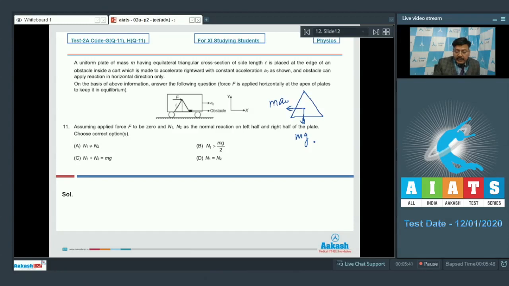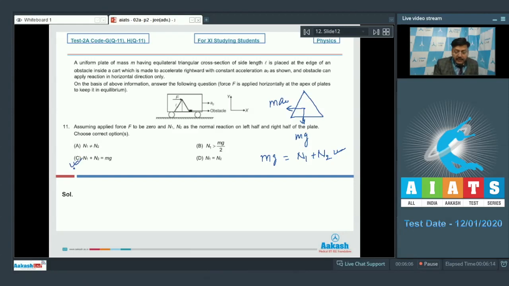Well, for vertical equilibrium it's very clear that mg is equal to N1 plus N2. So I'm not drawing N1 and N2 as of now. We don't know the line of action of N1 and N2, so that's why I'm not drawing.